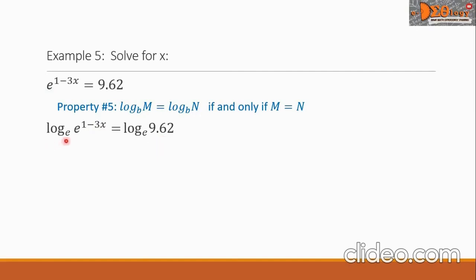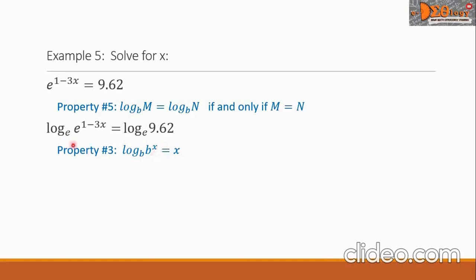We put e as the base for the log because we want to use property number 3 that says the log of b raised to x to base b can be simplified into x, and this x is simply the exponent of the b.